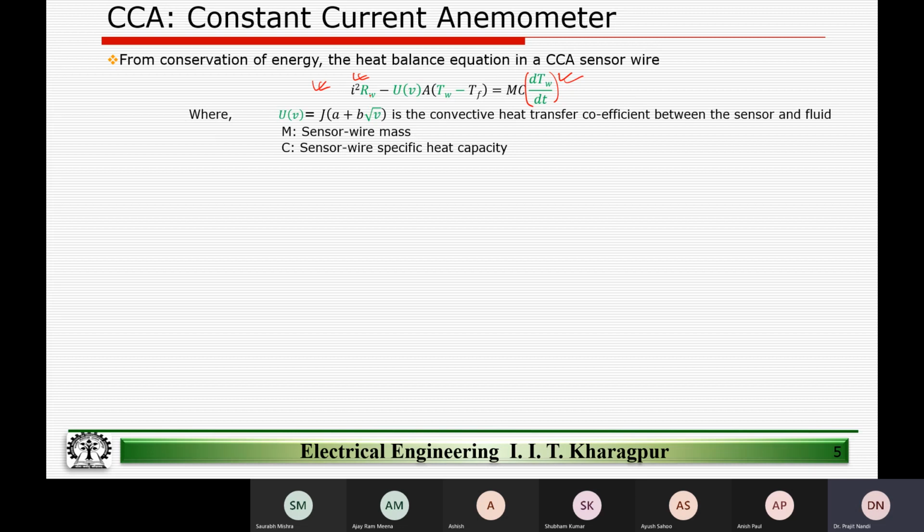The heat being generated in the overall system is because of the electrical power generated in the resistor minus the power that we are losing in the fluid, and whatever is the delta between that results in increasing the temperature of the sensor wire.